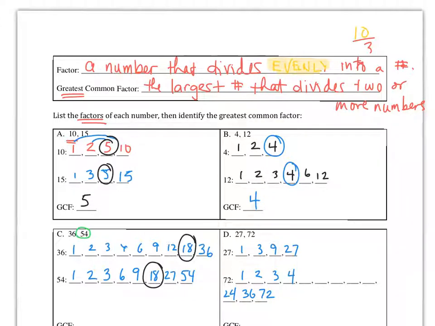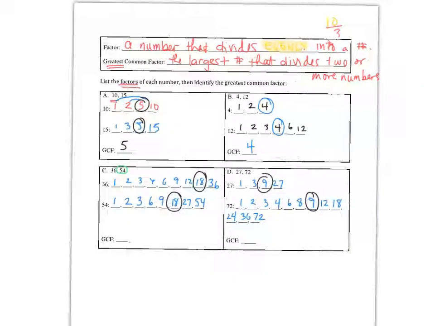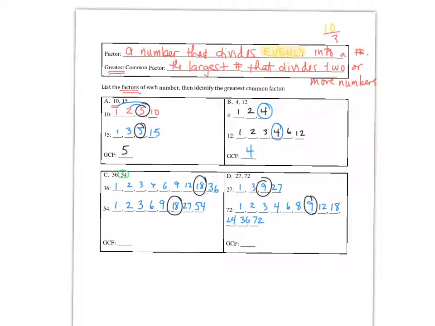Okay. How many times? 18. Does 5 go into it? 6. 12 times. And then the last 2, 8 and 9. We got to get better with our factors. All right, so what's the largest number in both lists? 9. Okay?